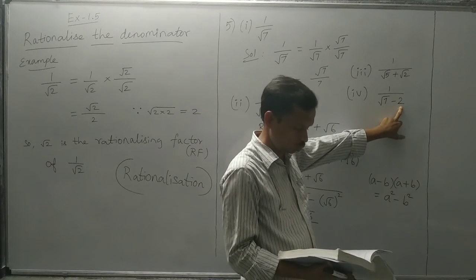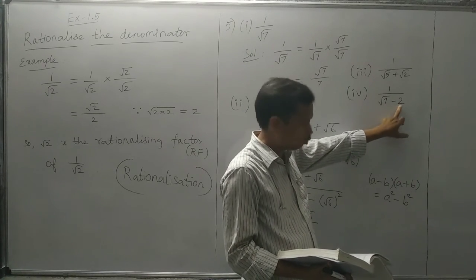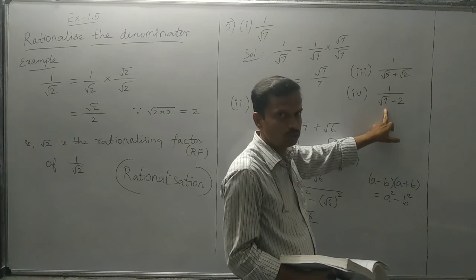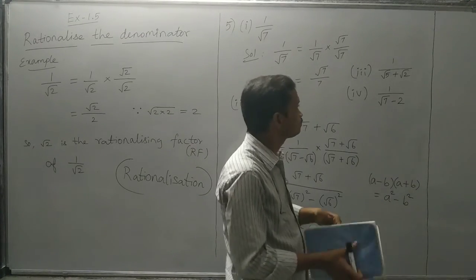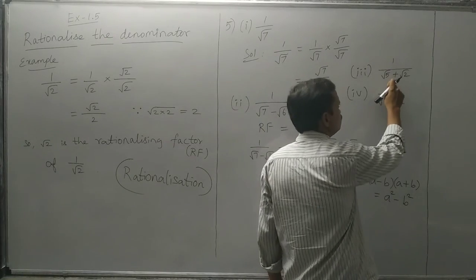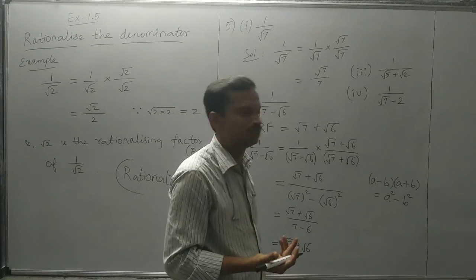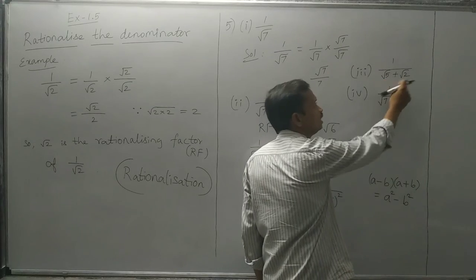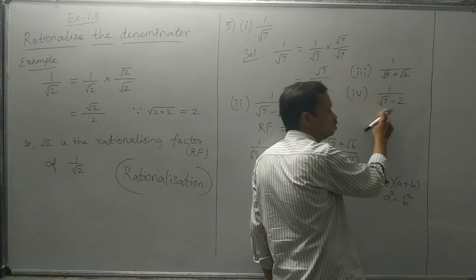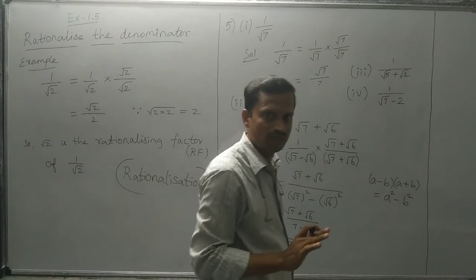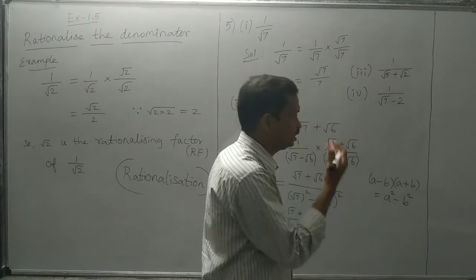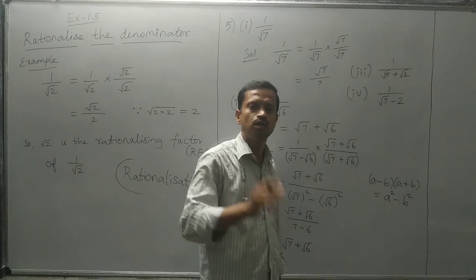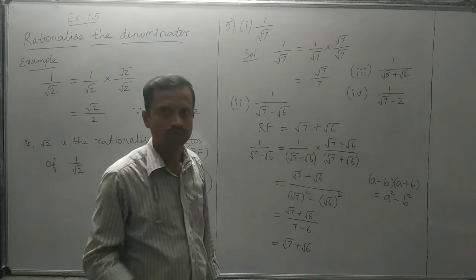There is no root symbol here. Only for 7 there is a root, but for 2 there is no root symbol. So you have to take the rationalizing factor as root 5 minus root 2 here, and root 7 plus 2 here. That's all. By taking that you proceed and you can easily get the answer. Clear?